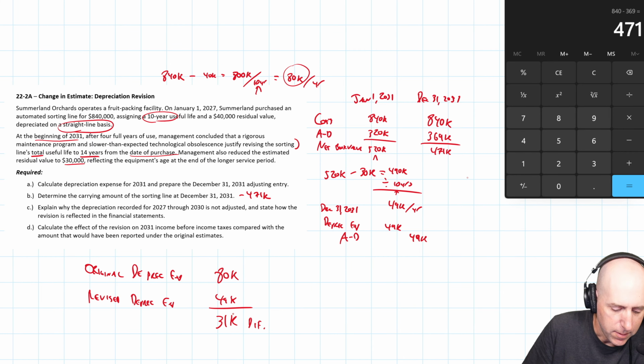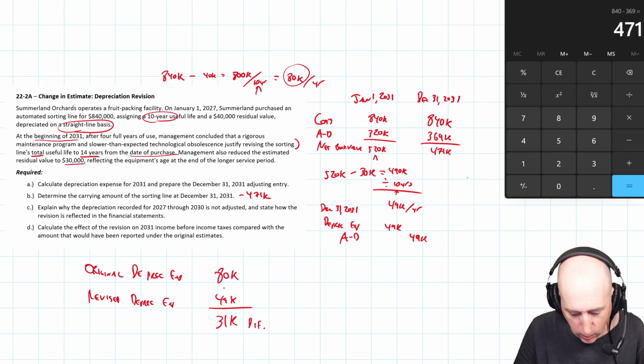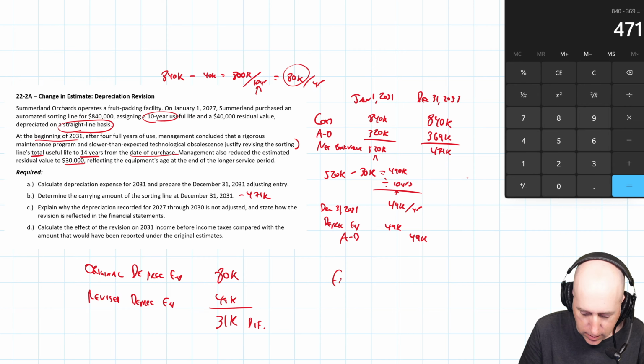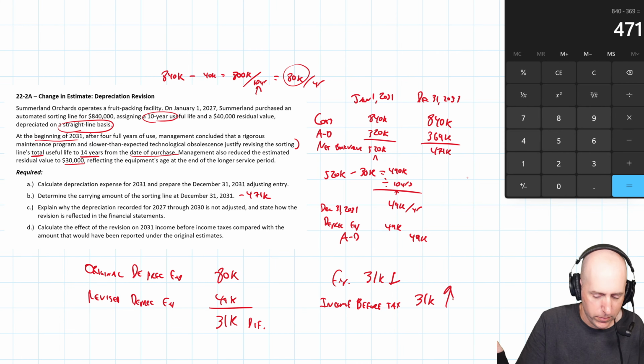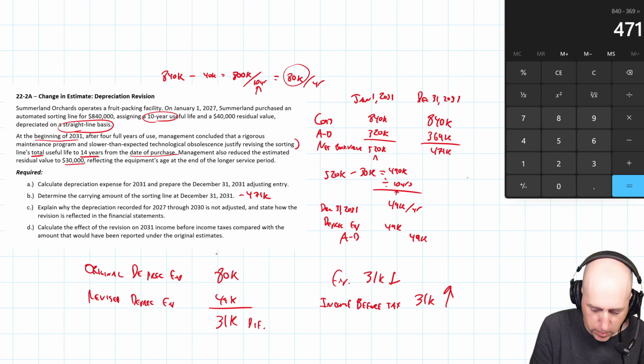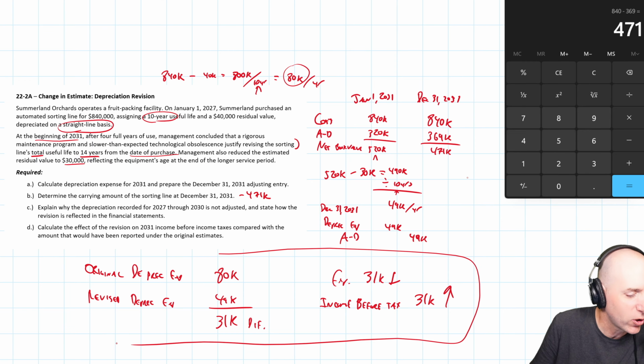What does that 31K mean? Well, our income before tax is going to be 31K higher because our expenses are 31K lower. So again, expense is 31K lower, income before tax is 31K higher. There you go. That would be my answer to part D. That would be my answer to 22-2A.